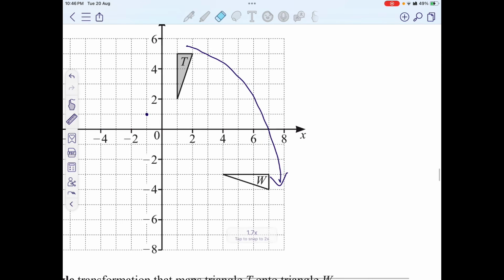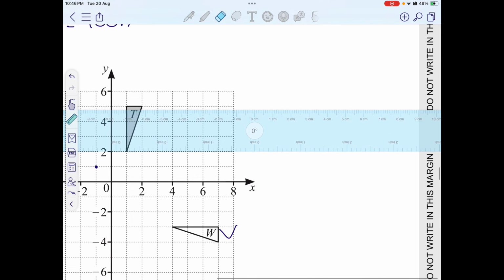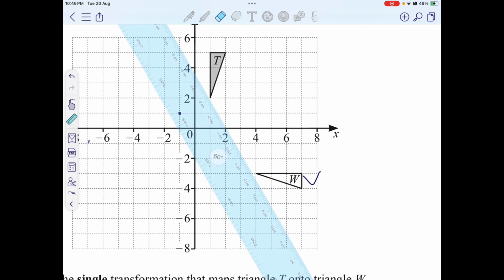To find the center, you would take your ruler, which I'm taking here as my digital ruler, and then you would connect the corresponding points. Make sure you find the corresponding points first. I would take a ruler and connect at least 2 pairs of corresponding points.